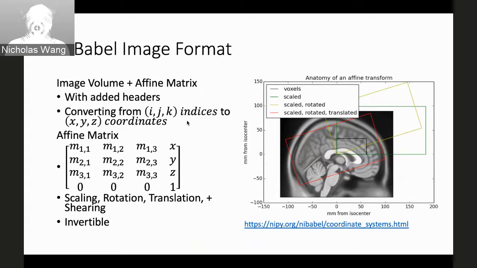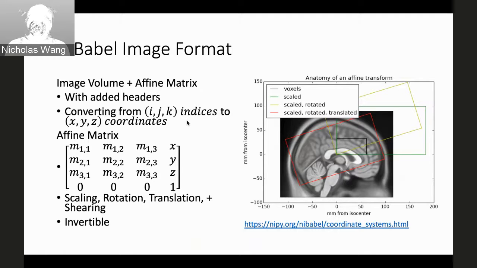So you can tell from this example on the right that this is one slice out of a brain MR study, where you take your original pixels, which are in IJK coordinates, and transform them into real space millimeters. So this affine matrix tells you how to change those coordinates into something that can be properly aligned.